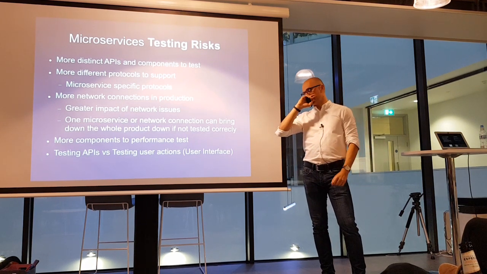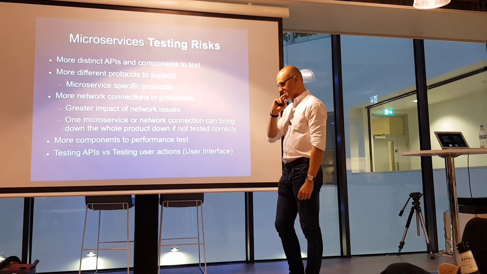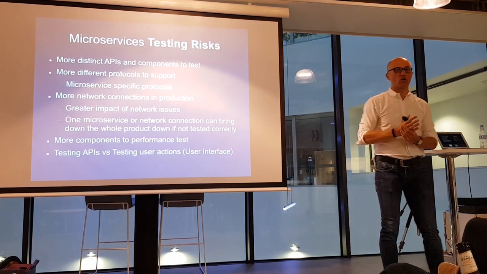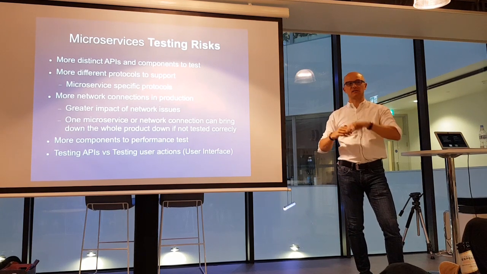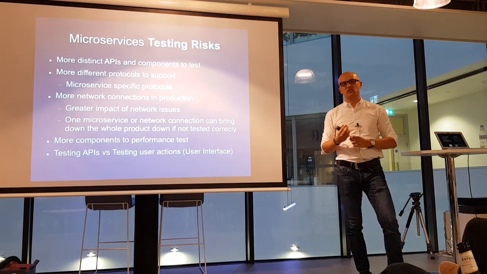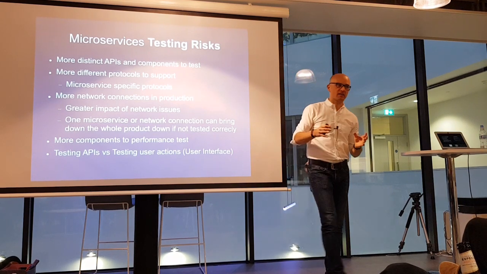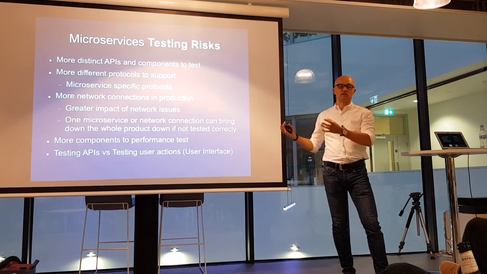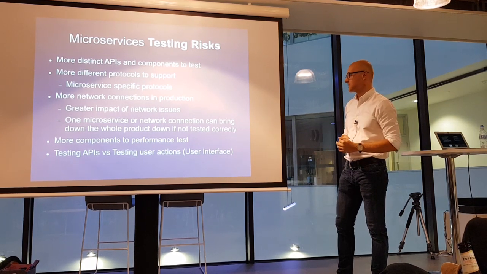In certain scenarios, a single failure of one of those connections can cause the whole stack to go down. I'll show you a video where somebody explains in more detail how that can happen. So even one connection that goes down can bring down the whole thing. That's not the case with a single application, because there are not that many network connections.